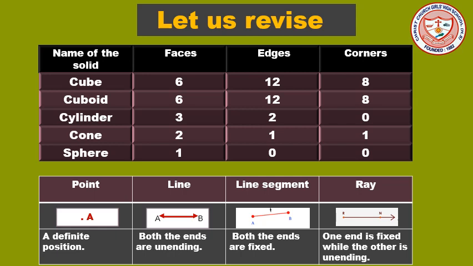Both ends are fixed over here. Ray, RN. One end, that is R, is fixed over here, while the other, that is N, is unending. N is a point on the ray. Alright?